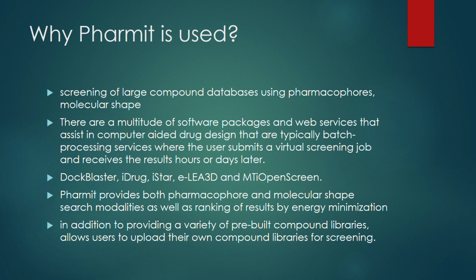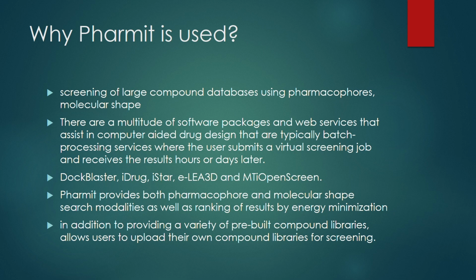Pharmit provides both pharmacophore and molecular shape search modalities as well as ranking of the results by energy minimization. When the user performs a virtual screening by pharmacophore generation or molecular shape constraint, another additional feature Pharmit provides is energy minimization. The user can minimize their results by an energy minimization step after the results are shown.